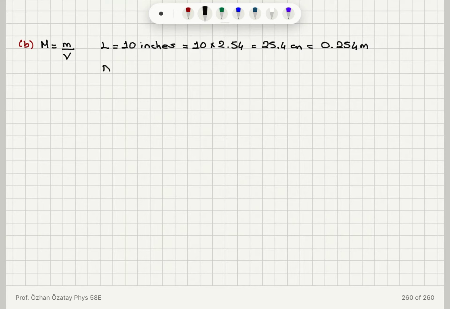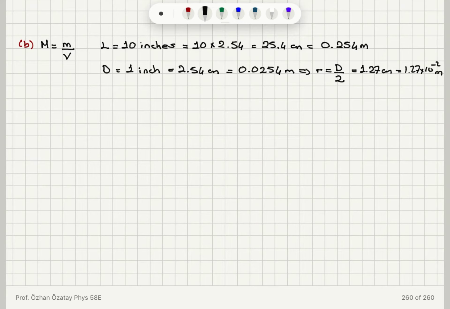The diameter D is 1 inch. That is equivalent to 2.54 centimeters, which is 0.0254 meters. So this means the radius, which is diameter divided by 2, is 1.27 centimeters, or 1.27 times 10 to minus 2 meters.